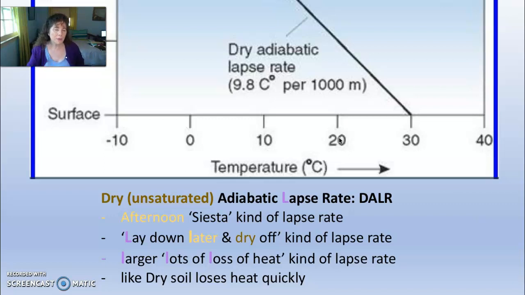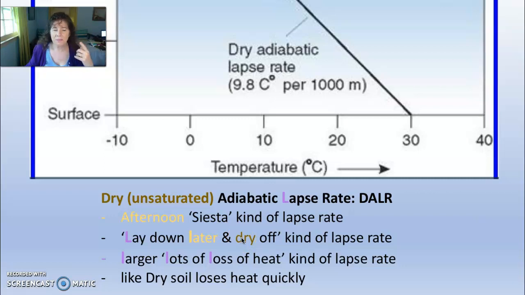A way to remember this is to think about the afternoon siesta and the guy kind of laying back and relaxing and taking a snooze. He's kind of laying down later. That's for lapsing. The later part is for the afternoon. So lay down later and dry off all the sweat from the day. That's to remind you that it's a dry adiabatic lapse rate.